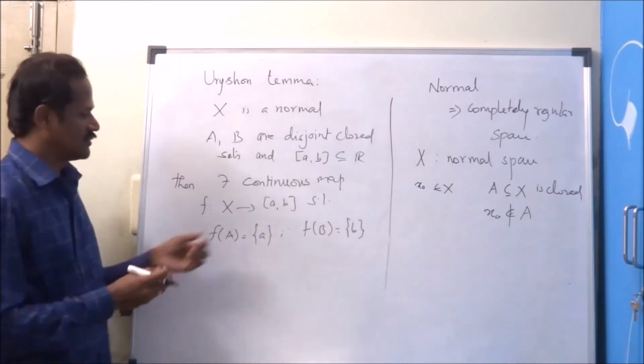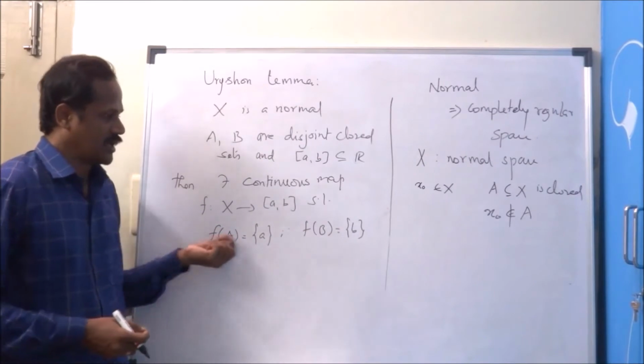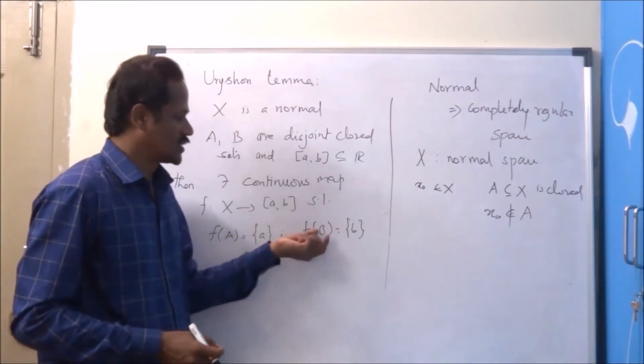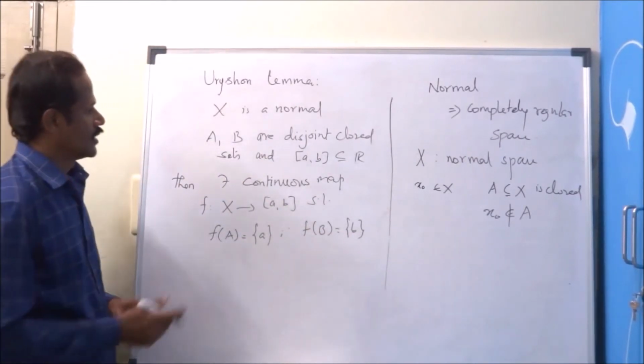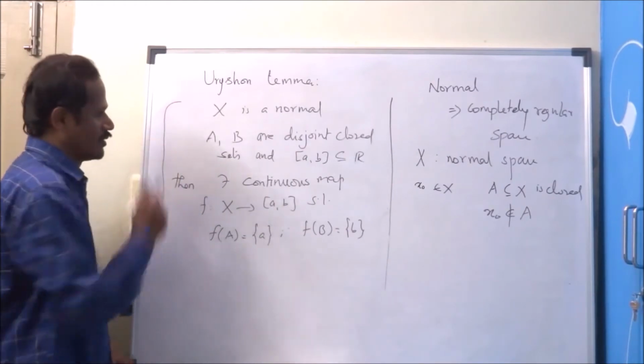That is, f assumes a value small a on the set capital A and f assumes a value small b on the set capital B. Okay, this is the lemma.